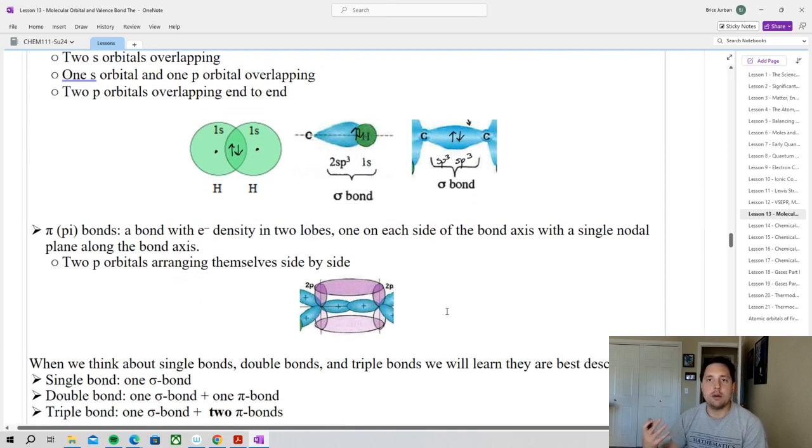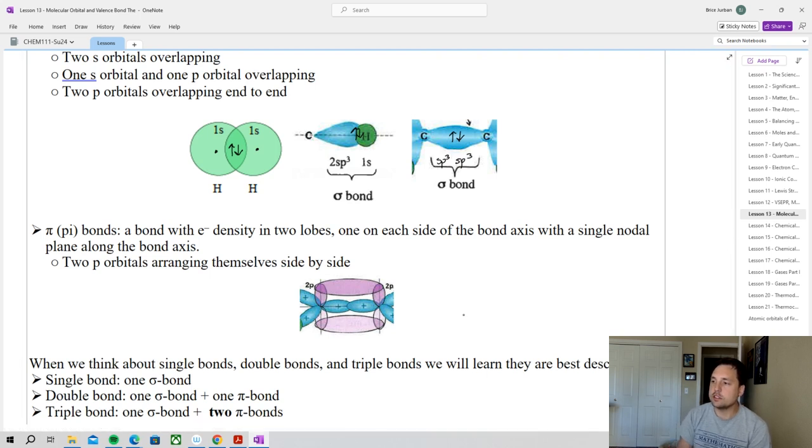Now, another type of bond that can occur is a pi bond, where the electron density is in two lobes that are on either side of the bond axis. What we're looking at here is just the purple or the magenta colors, where we have the electron density above and below where the nuclei are.